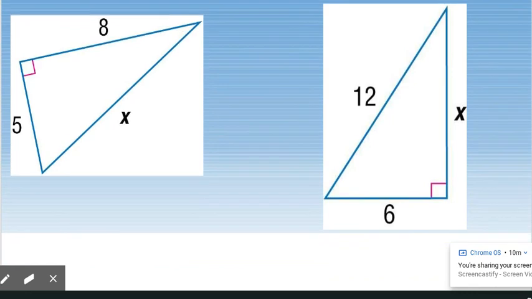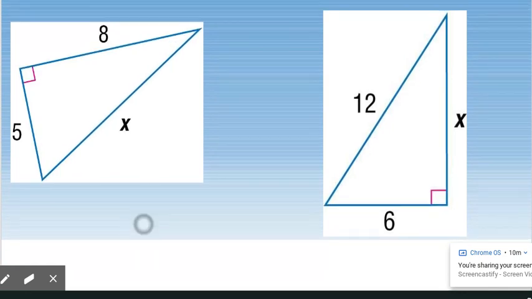All right, for this first one, there's our c. So let's make this a, this b. So I'd have 5 squared plus 8 squared equals x squared. 25 plus 64 equals x squared. So that would be 89 is x squared.